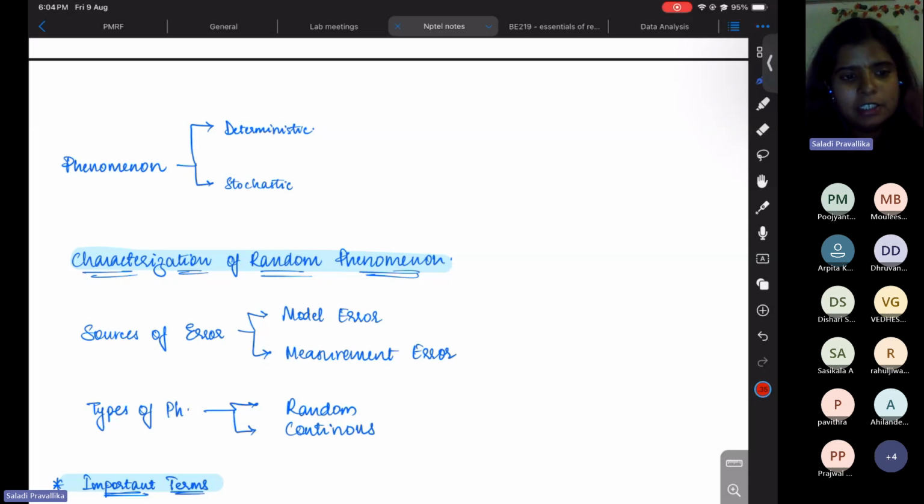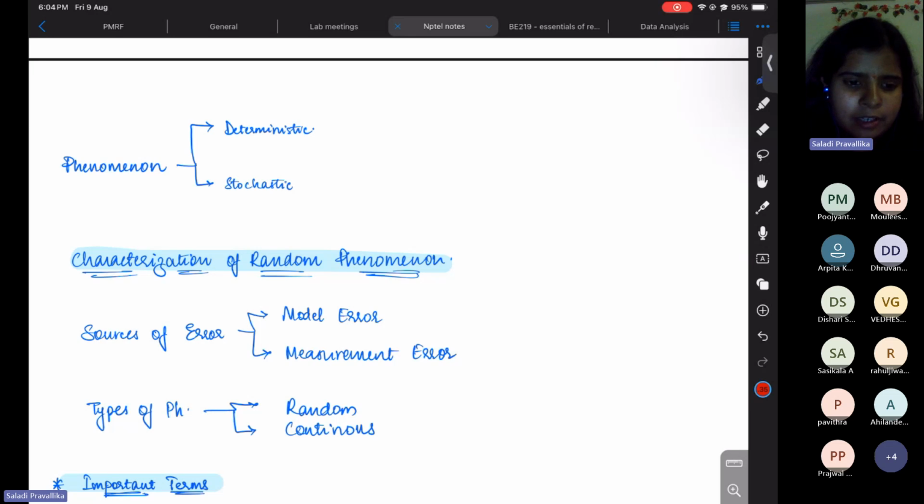And apart from that, we have some sources of error in every phenomenon. So one is model error, another one is measurement error, right? Model error is the error because we did not take something into consideration when we are calculating something.